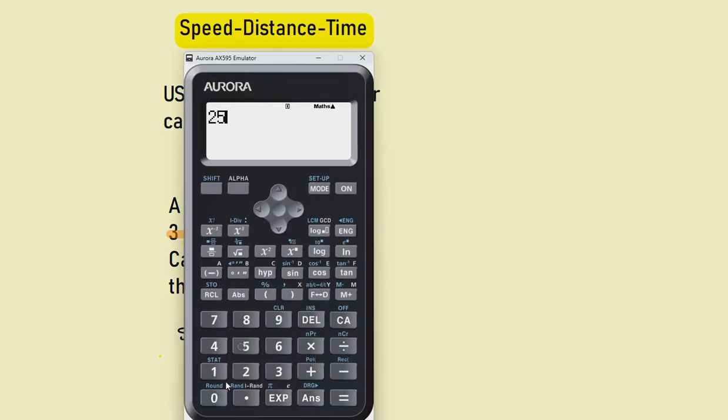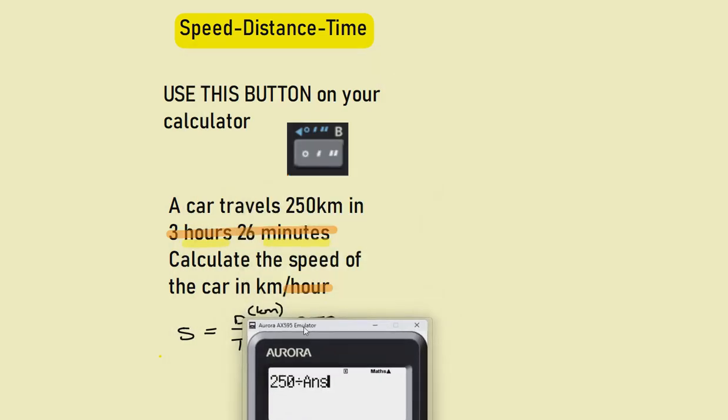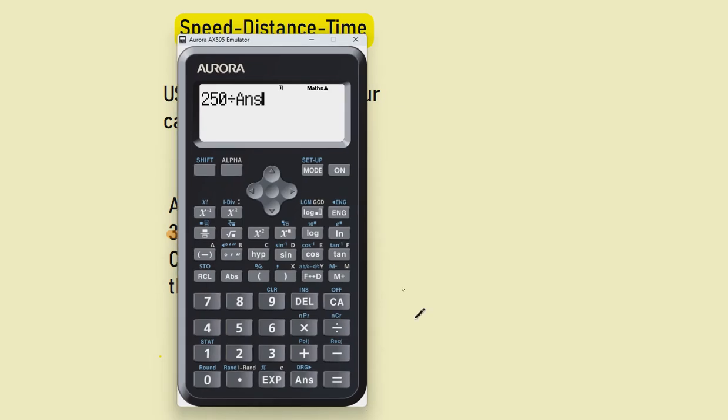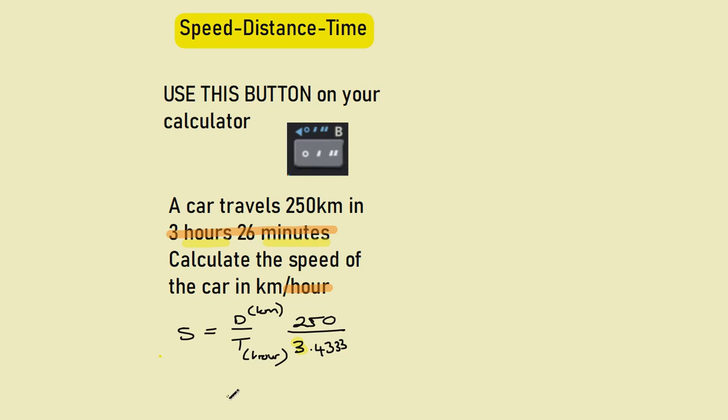So 250 divided by, I'm going to use the answer button, that is my stored answer in the calculator. Okay, we want it back into a number, so there we go, 72.82 to 2 decimal places. Oh, we're speeding here. 72.82 kilometres per hour.